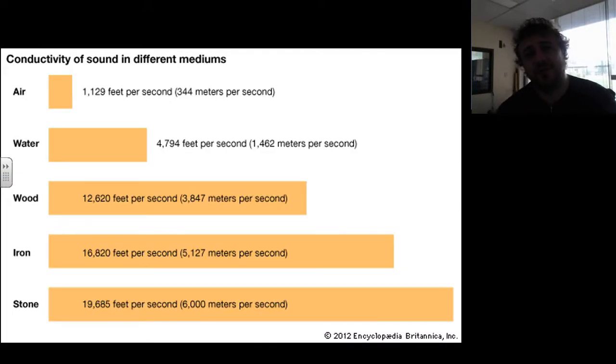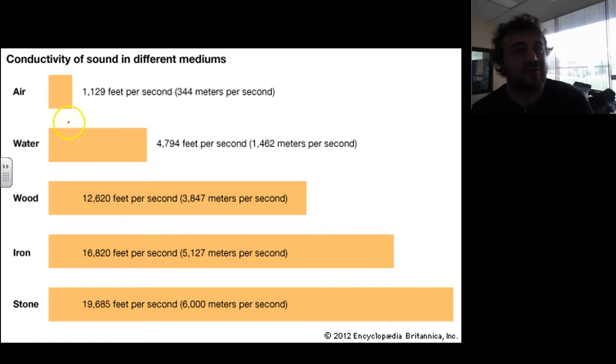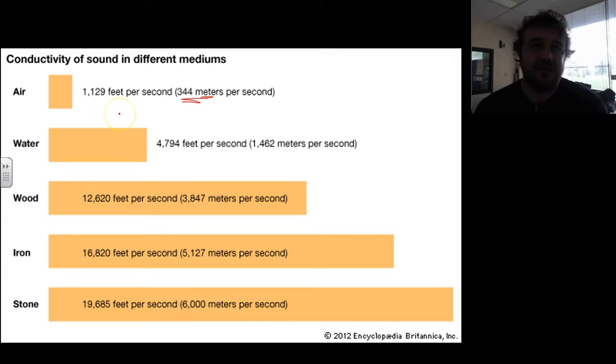When we talk about how tightly packed they are, let's have a look at what that actually means. For example, sound in air travels at about 344 meters per second. You hear a thunderclap after you see lightning, and you count the seconds.